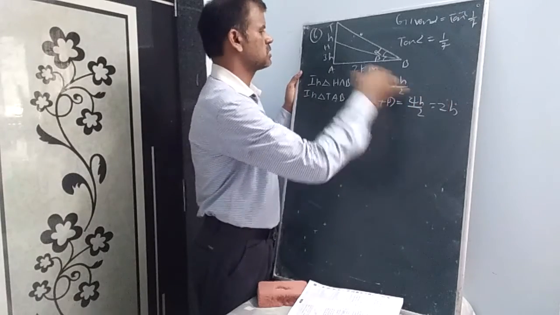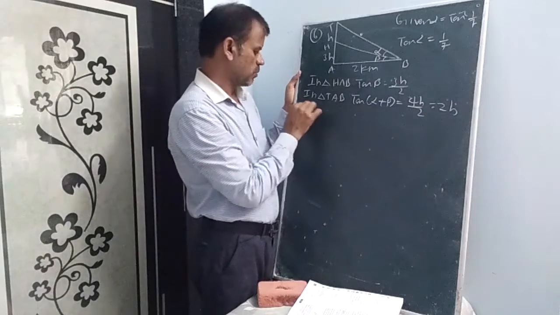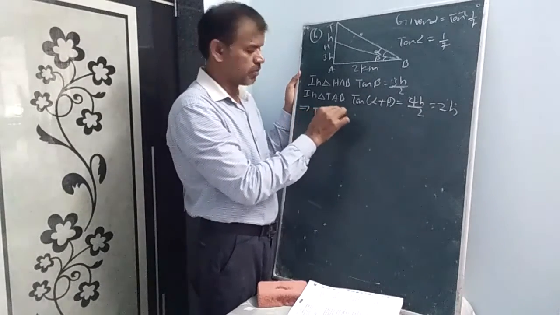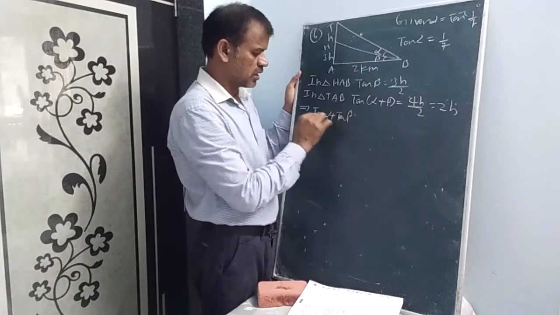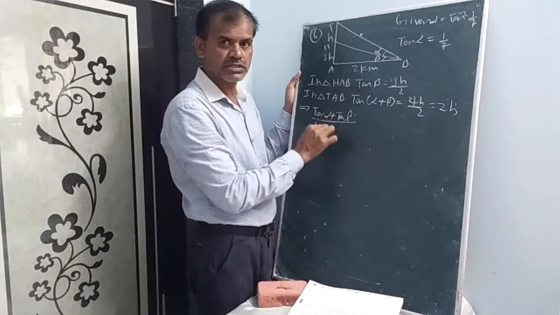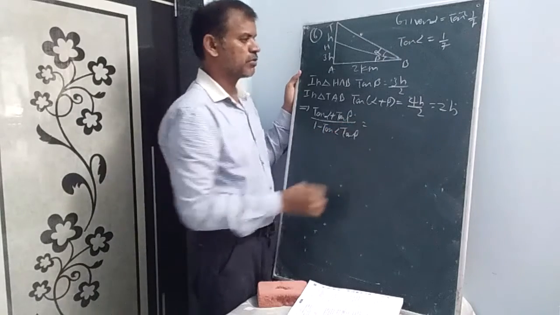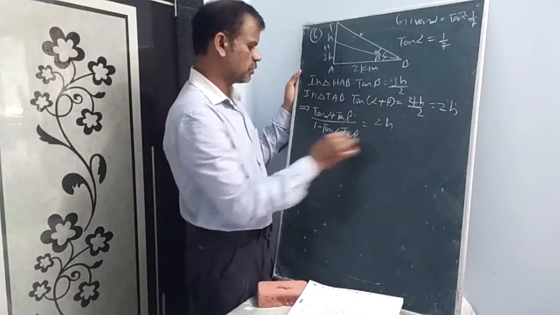Apply the formula: tan of alpha plus beta equals tan alpha plus tan beta by 1 minus tan alpha into tan beta, which equals 2h.